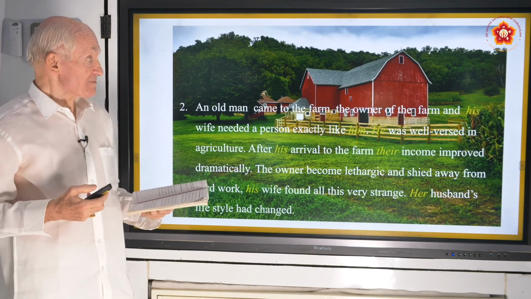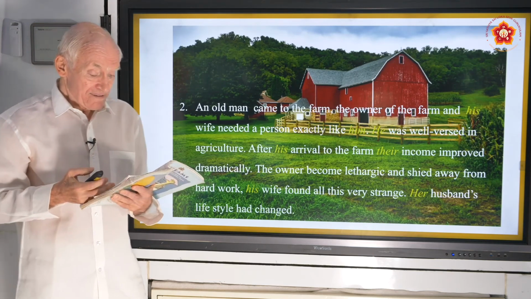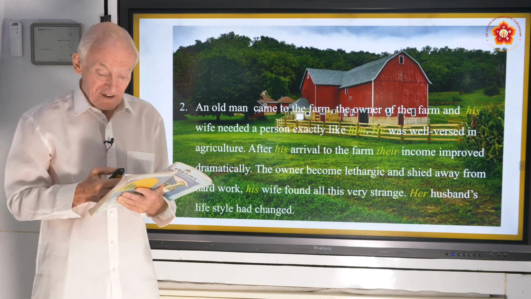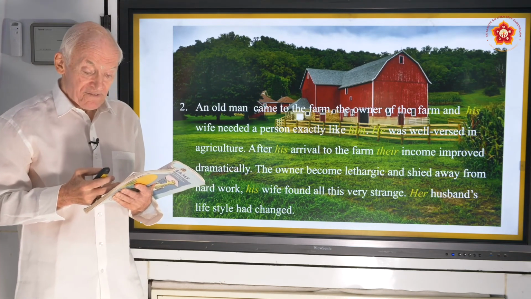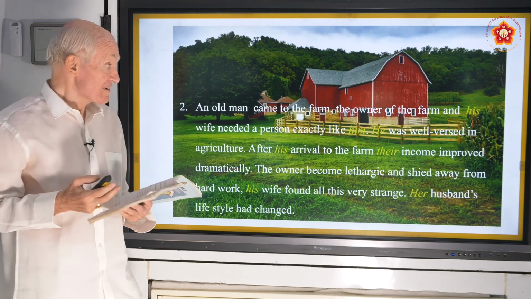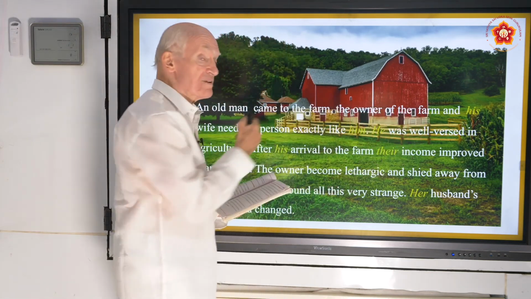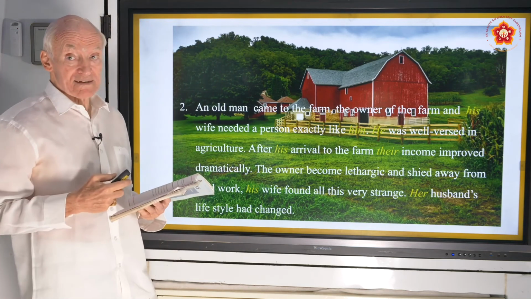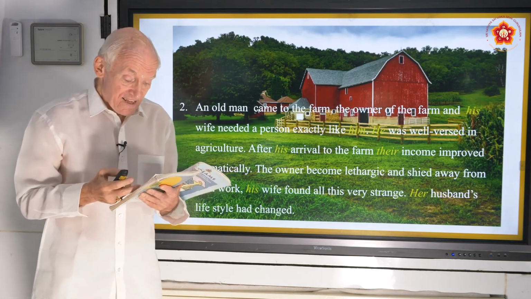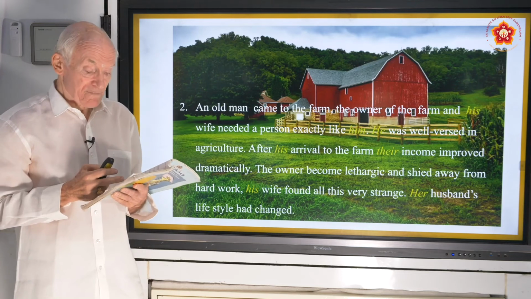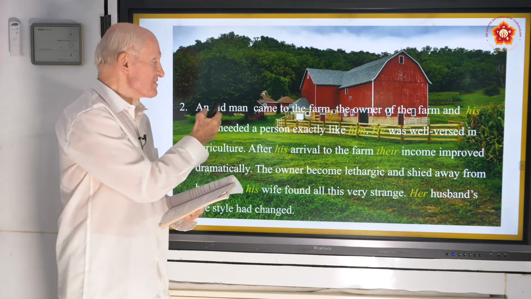Here we have a nice farm. And an old man came to this farm. The owner of the farm and his wife, his refers back to the owner of the farm, not the old man. His wife needed a person like him. Him refers to the old man.